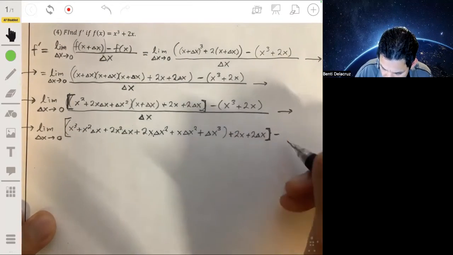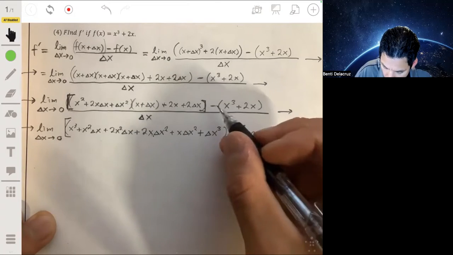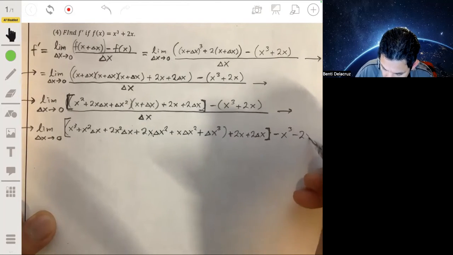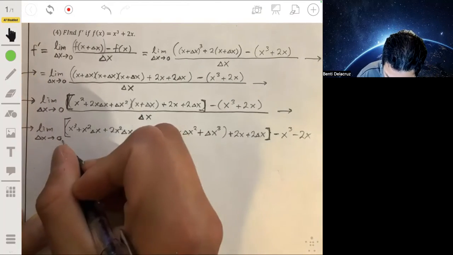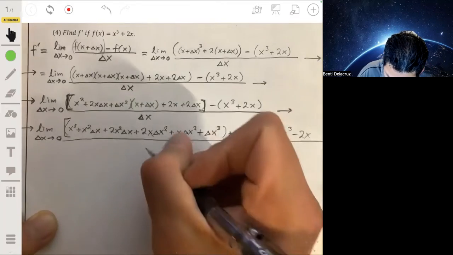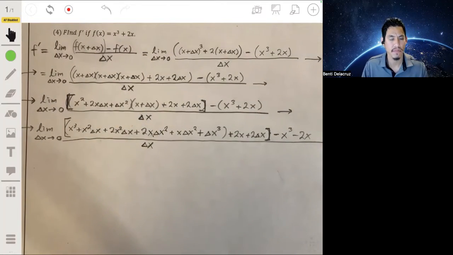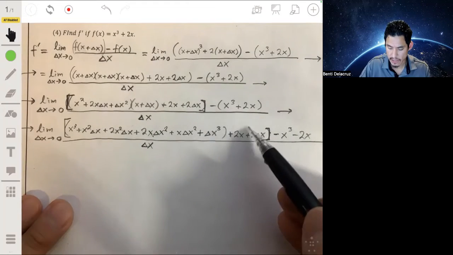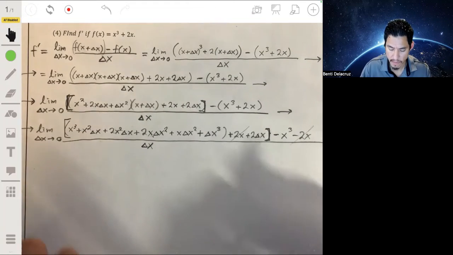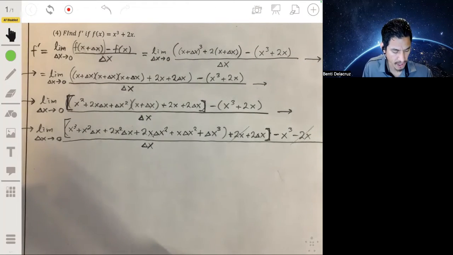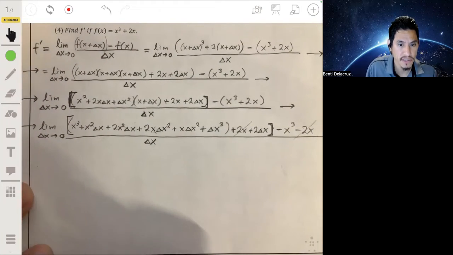And then minus x cubed minus 2x all over delta x. Now this 2x and this negative 2x will cancel. And now here we've got to make sure we're paying attention to common terms, because this is where you've got to be focused.